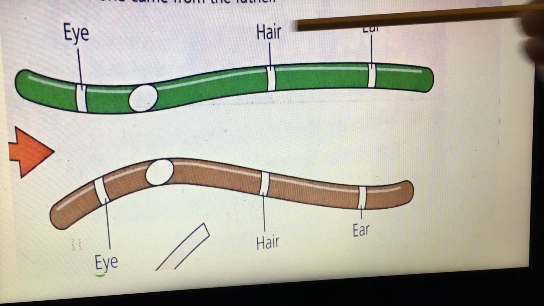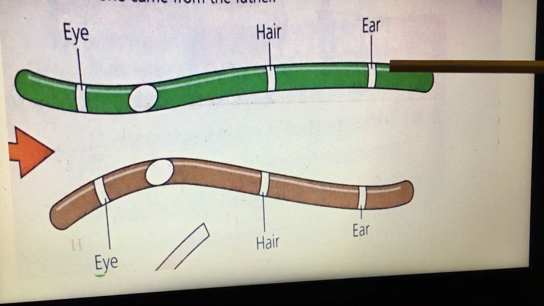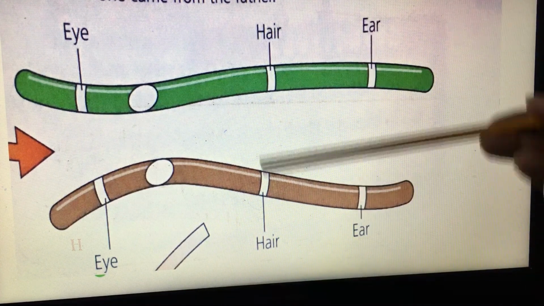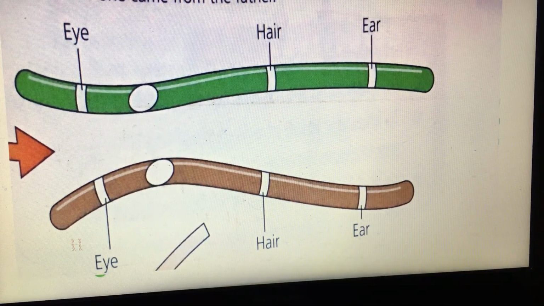Each chromosome has a partner that carries the same genes. So here we have two chromosomes, both carrying the same series of genes in the same positions.